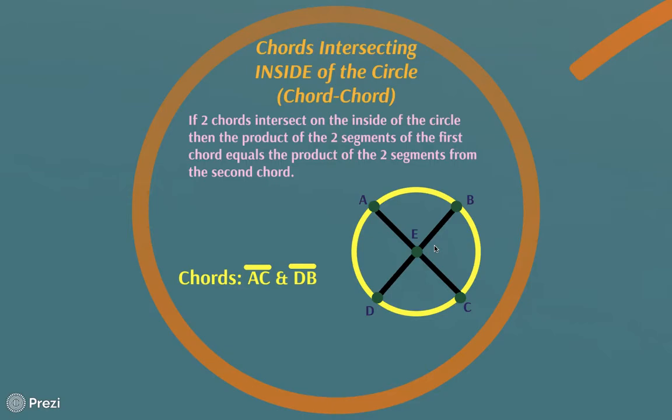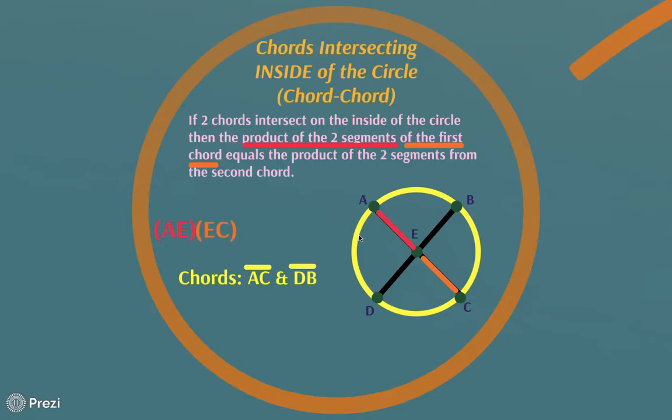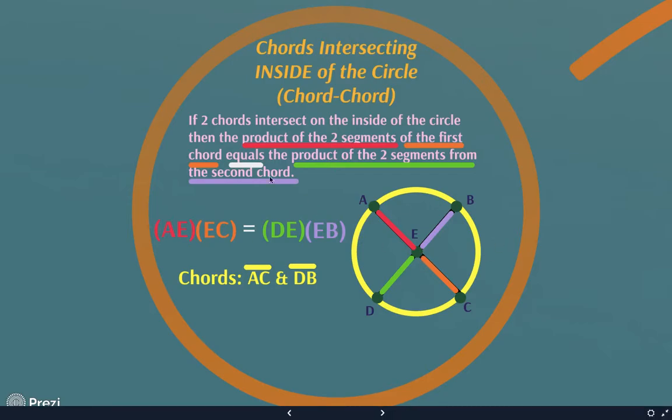I know you're probably wondering what that means. It will probably make more sense when I go over this. Looking at my first chord, chord AC, if I multiply the two segments within that chord, AE and EC, that will equal the same kind of relationship with the other chord, DB.